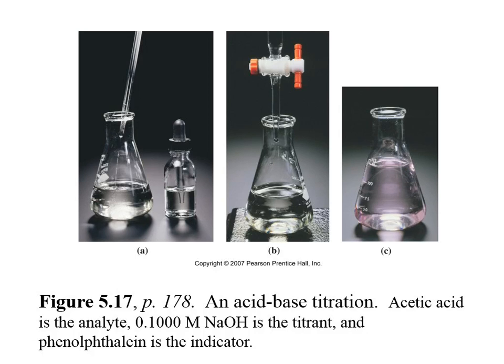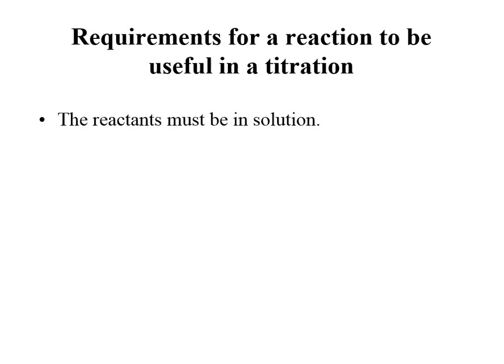It will turn a slight pink. That means you have dripped in just the right amount to use up all of your analyte. You've added just the right volume of titrant with that given molarity to use up all of the other reactant that's there as an analyte. It's wonderful.